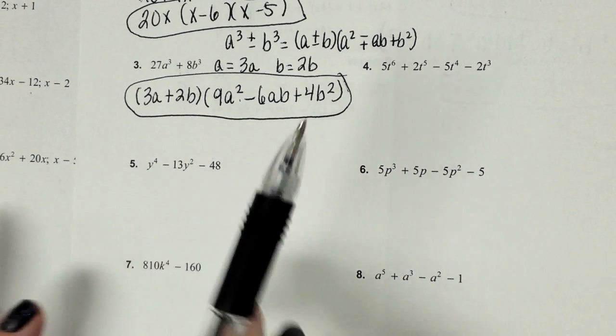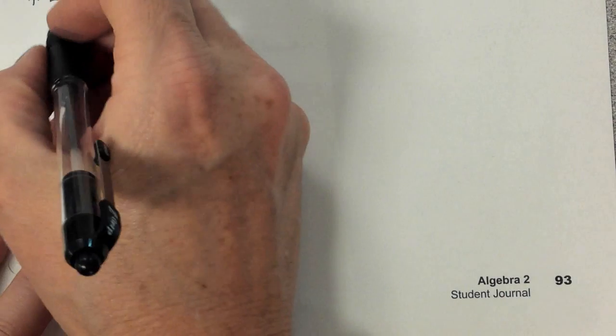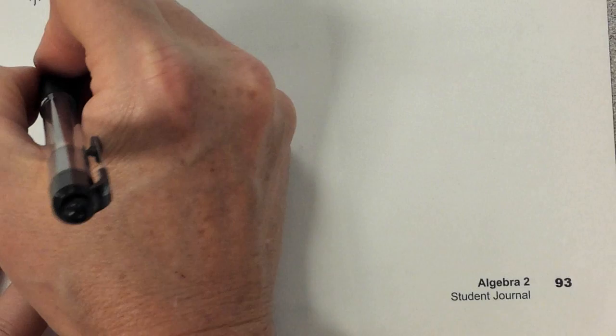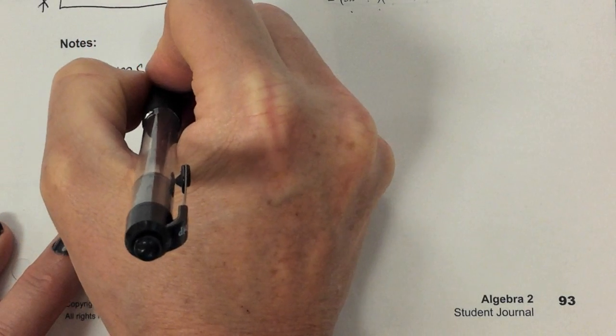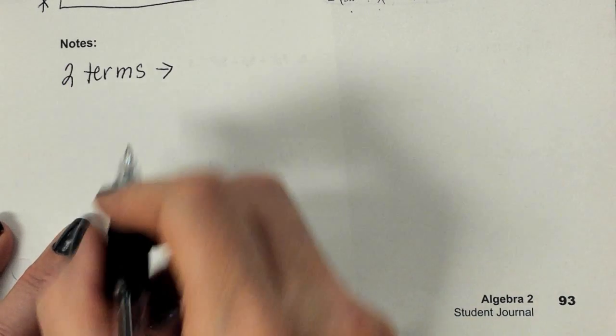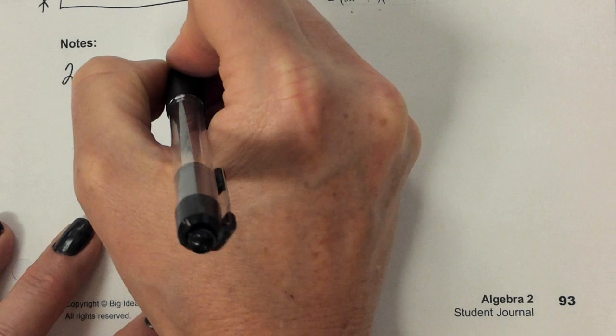All right. So now let's look back over here, and I want to discuss some other types of factoring. So the first thing we're going to be looking at is the number of terms we have. If we have 2 terms, we're going to be looking for a couple of different things. First thing we're always going to look for is the greatest common factor. That's number 1.